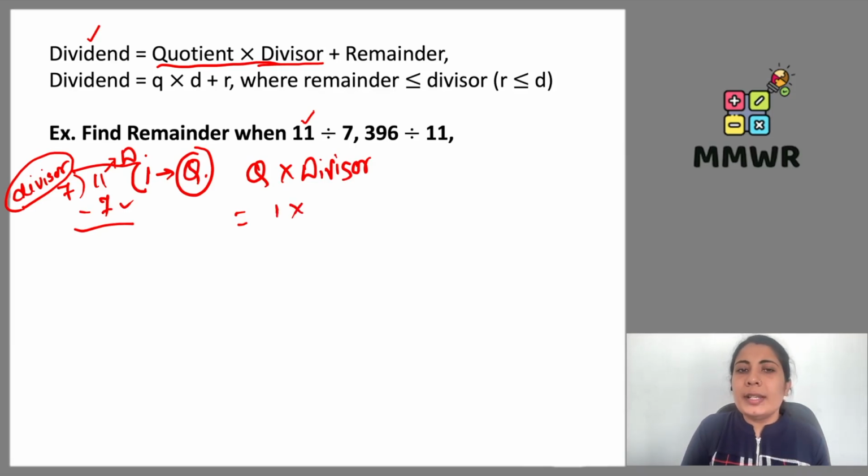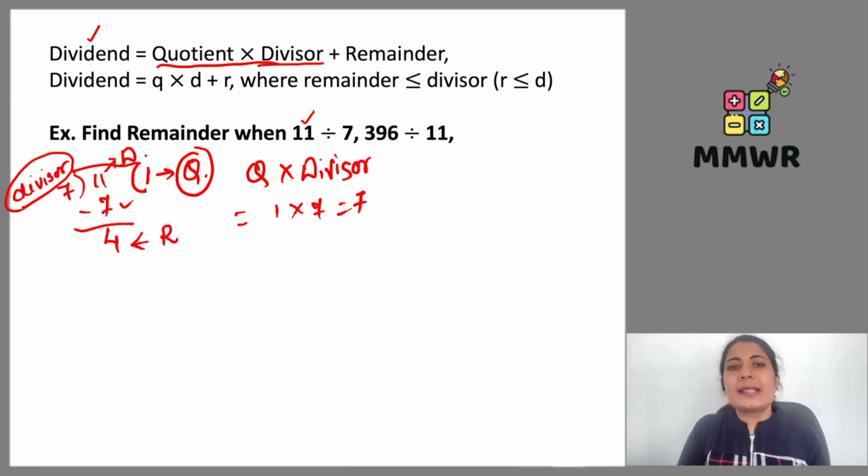So quotient is 1, divisor is 7. This gives me 7. Now 7 I will be writing, and I will change the sign because both of them are positive, I have to do the subtraction. So 11 minus 7 gives me 4 here, right? 4 will be called the remainder. So what is the remainder in this case? 4.